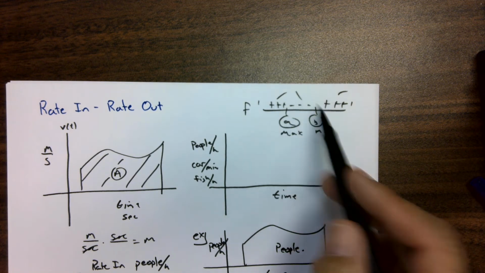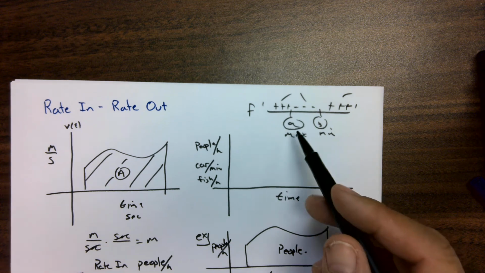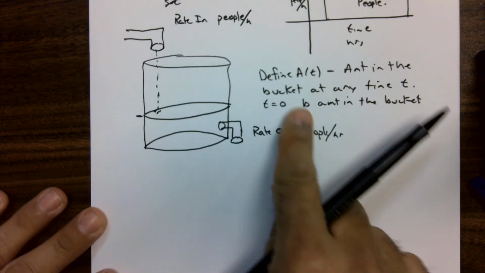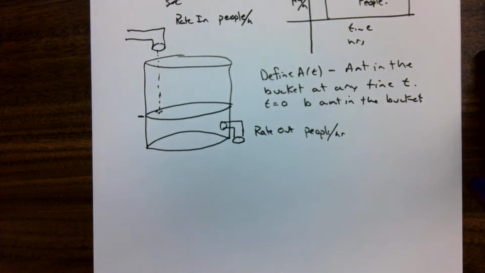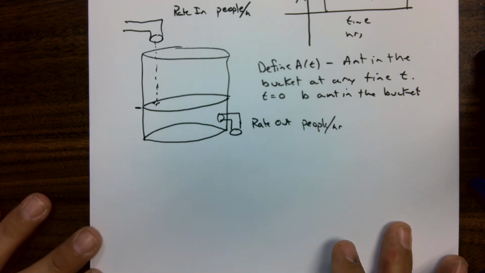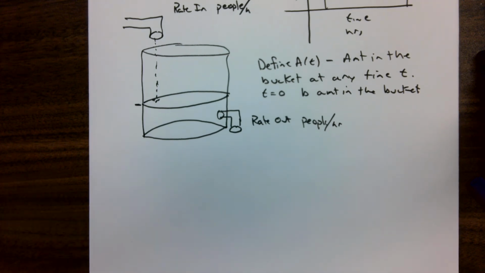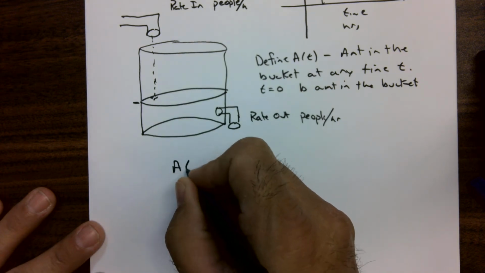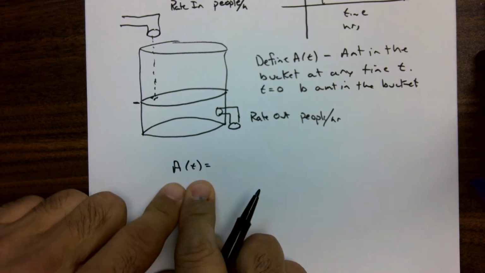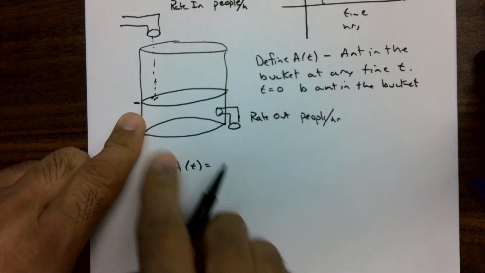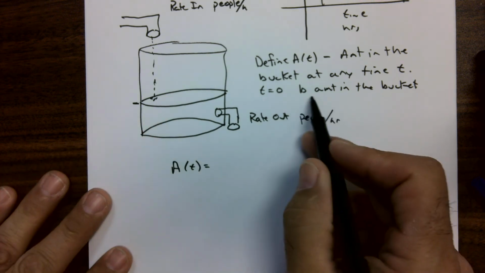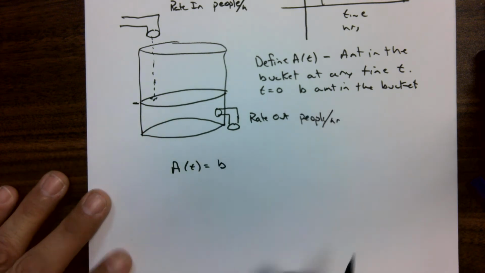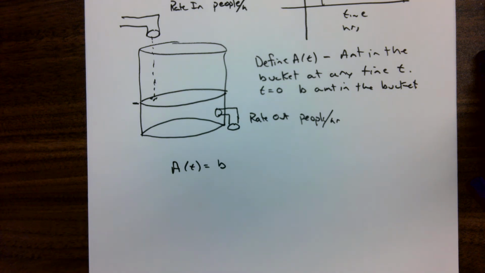The AP people aren't going to give you any credit for this. All right. So defining A of t in these problems is just going to be for your benefit. Sometimes they may ask for it, and sometimes they won't. But what we're going to do is start off with A of t. So that's going to be the amount at any time t. And at time t equals 0, there's going to be B amount in there.